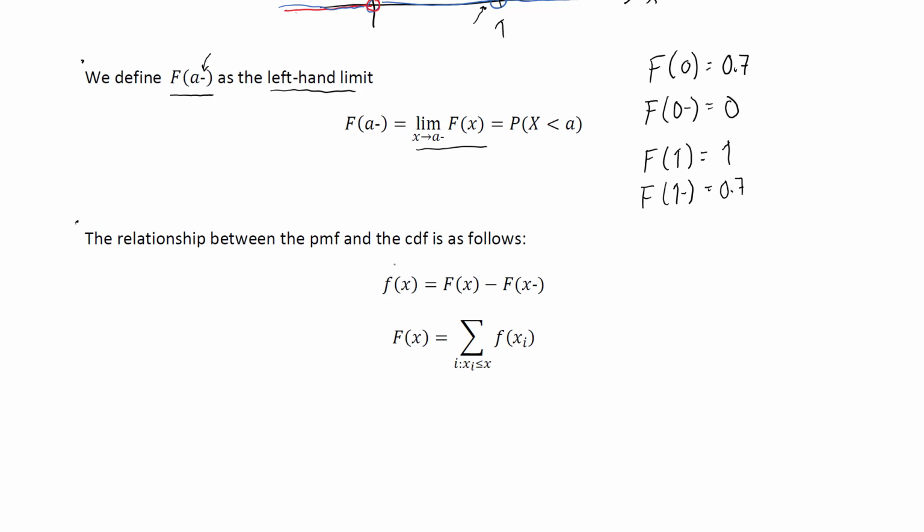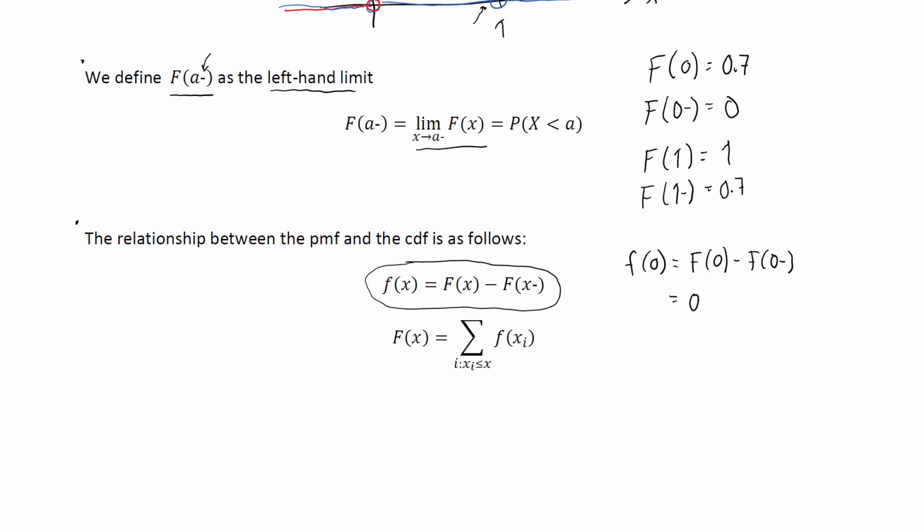So with this left-hand limit definition, we can describe the relationship between them. First, you can always find the PMF from the CDF using this formula. Let's try it out. For example, f of 0 is, according to this formula, capital F of 0 minus capital F of 0 minus, just to the left of 0.